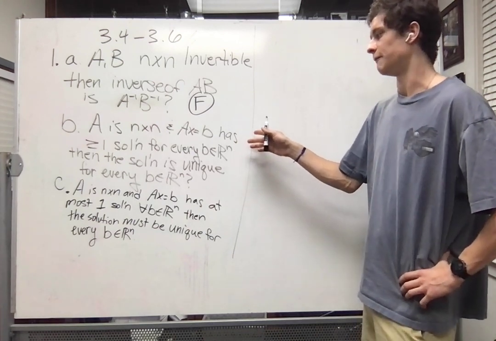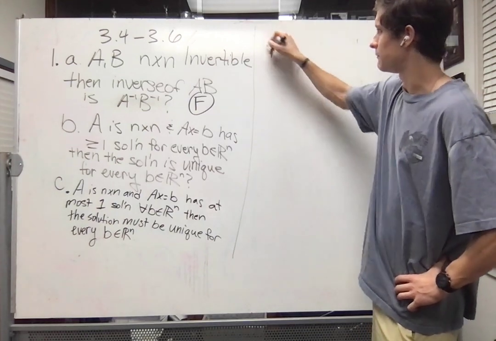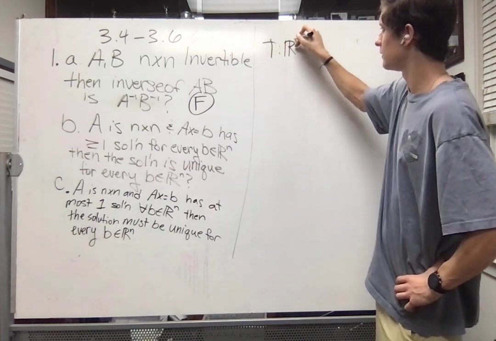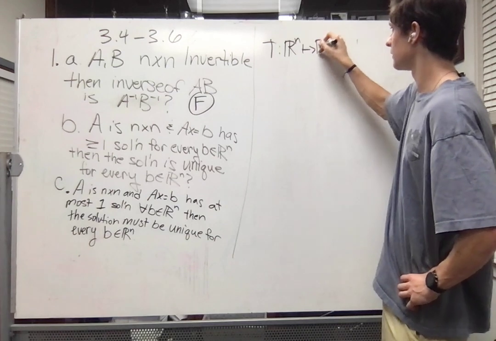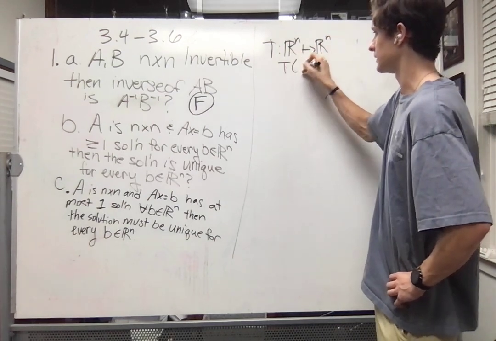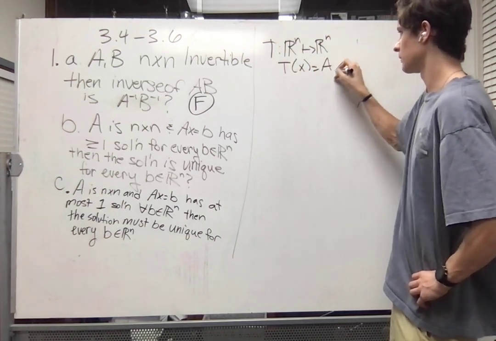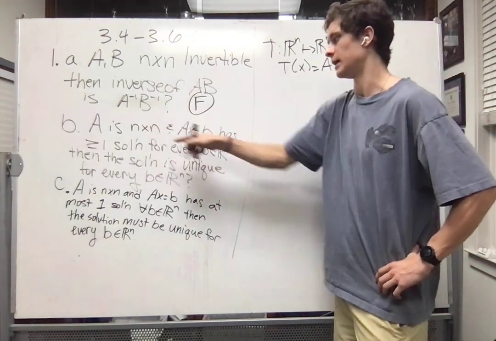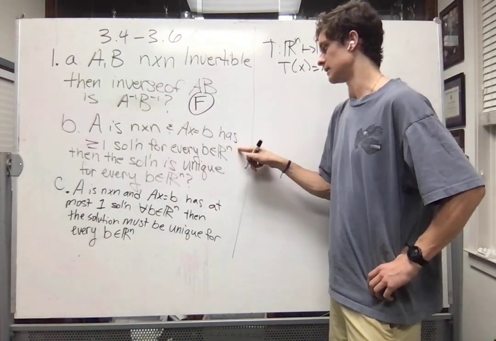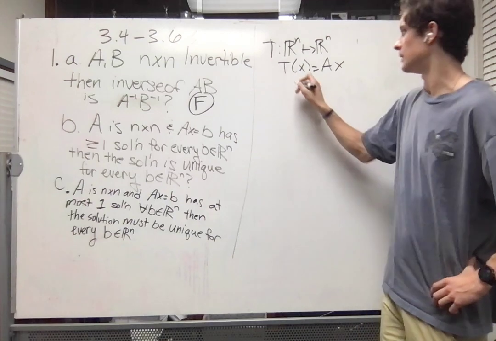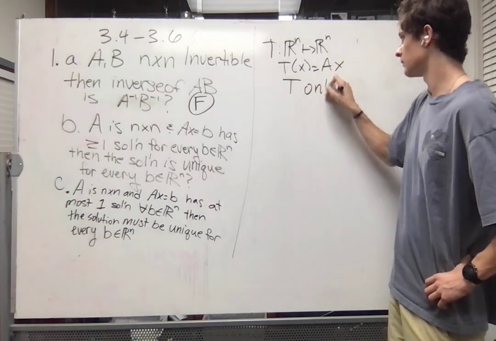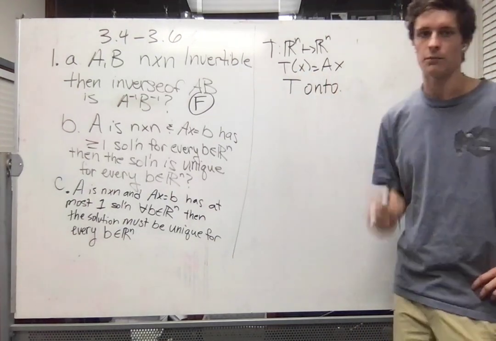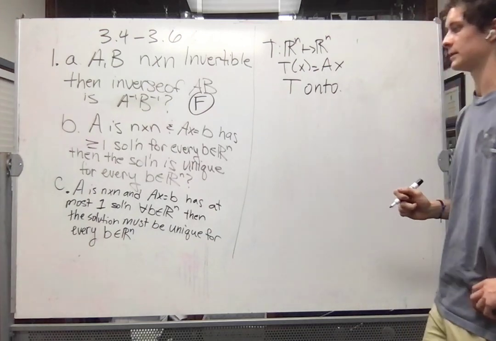So if T goes from Rn to Rn and T of x is Ax, with this matrix A that's n by n, and it satisfies this part of the statement, then T would be onto. We should remember that fact.